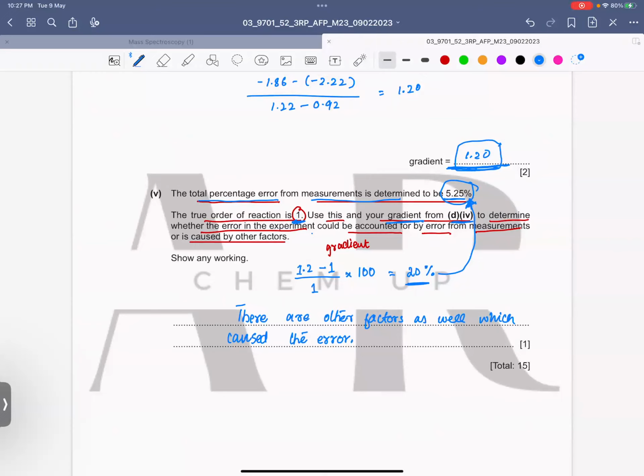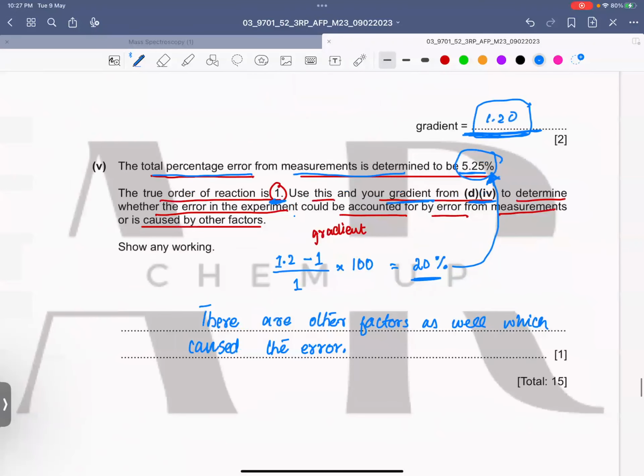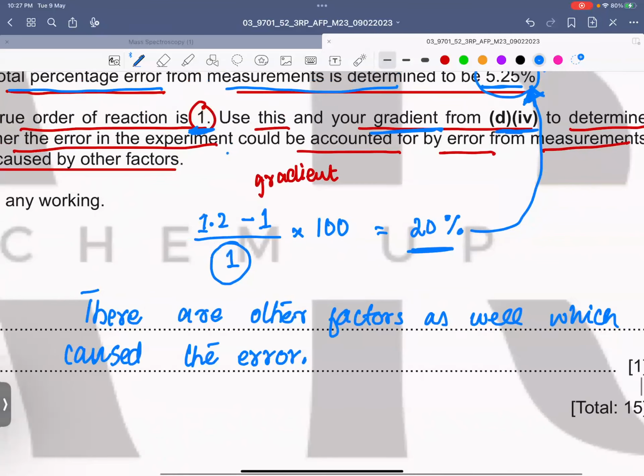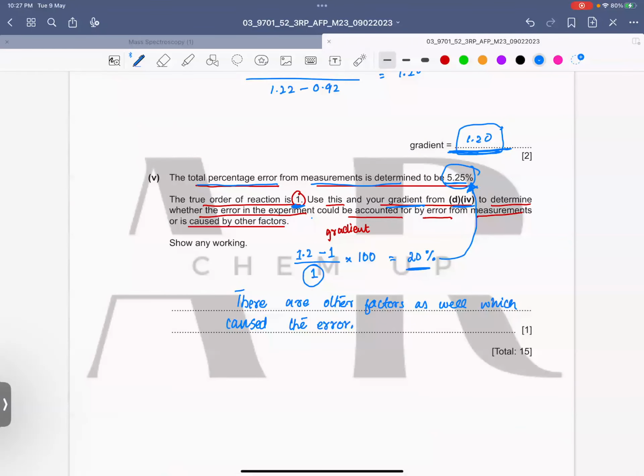Sir, so we subtracted the order of reaction and also divided it by the order of reaction. The thing is that this is the total order, right? 1. Yes, sir. And to find the error, we must take the difference.